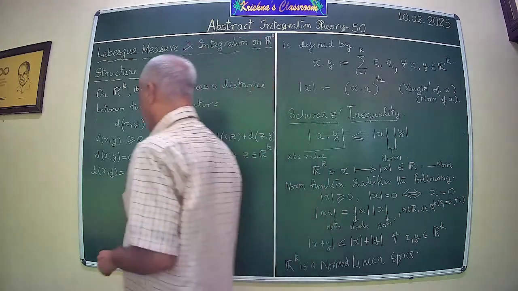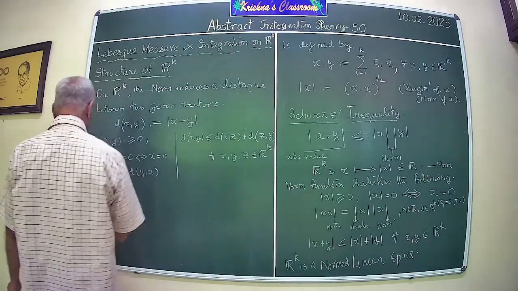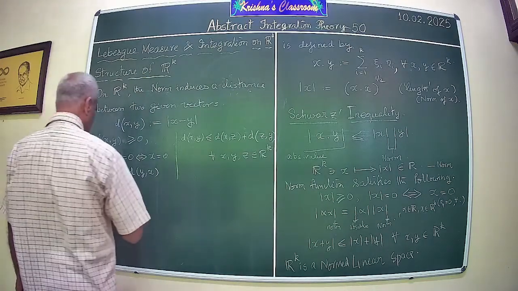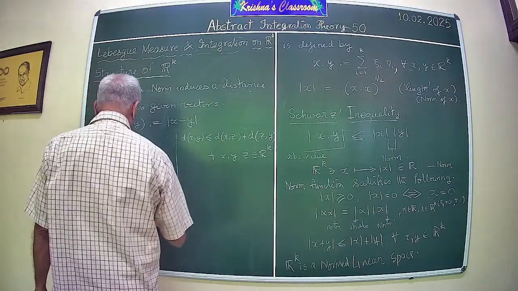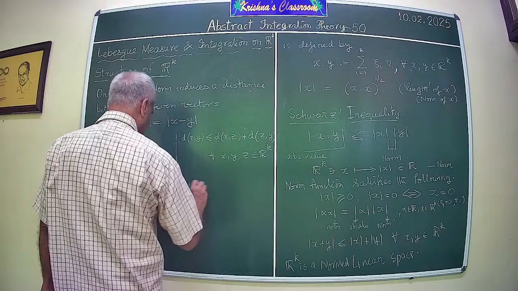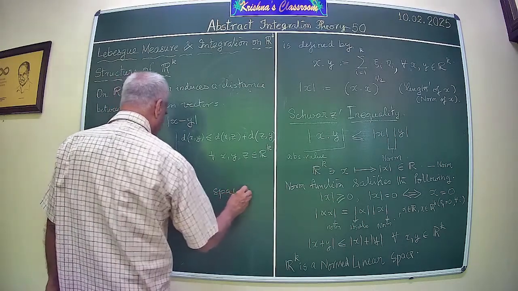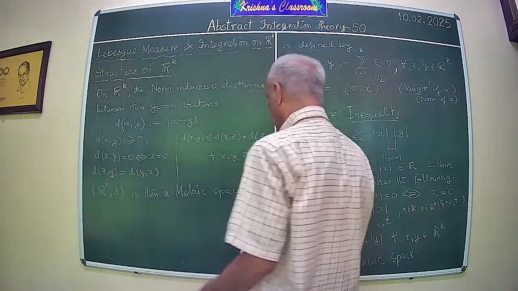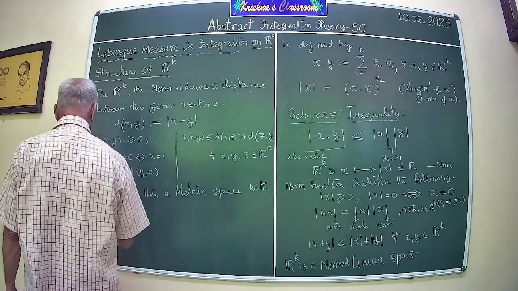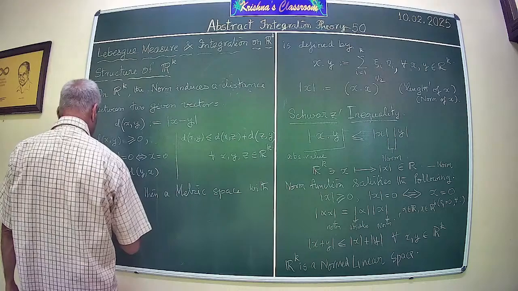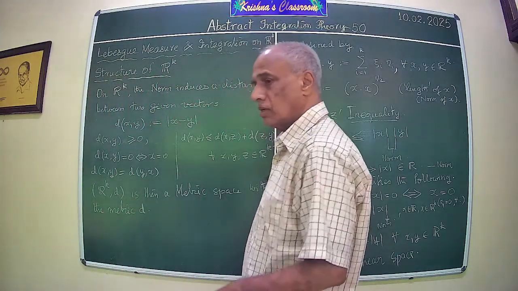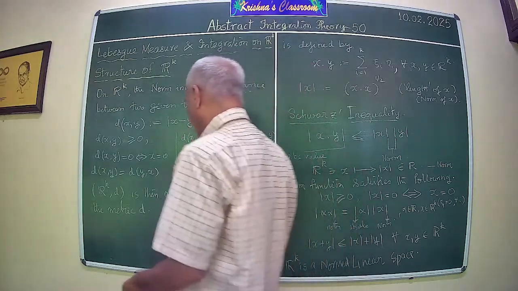What does that do? So R^k with d is then a metric space. And what does it mean? Every metric space is a topological space.